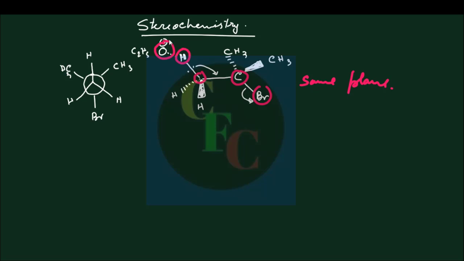Why? Then the p orbitals that are on the carbon atoms can easily form the pi bond.